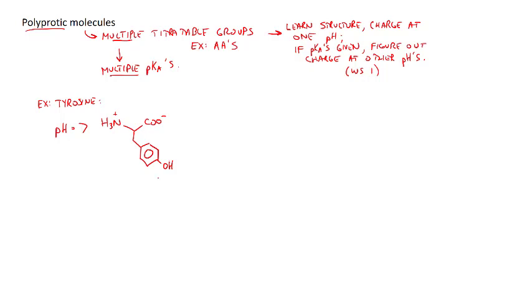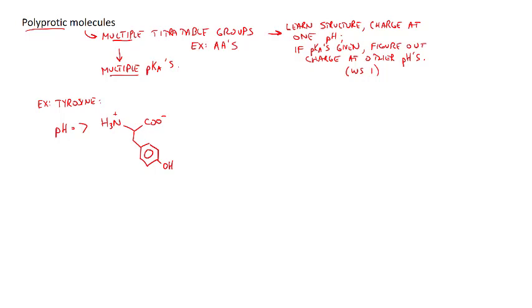So this is something you simply have to know or be given, what the structure of the molecule looks like at a certain pH. But the nice thing is if you know what the pH is and the structure at that pH, and you know what the pKa's are of the titratable groups, you can figure out what the structure and the charge on this molecule would be at any other pH.